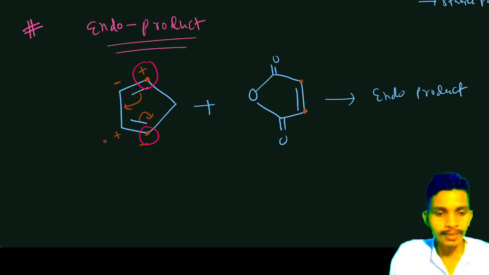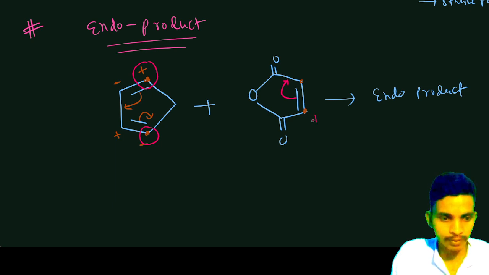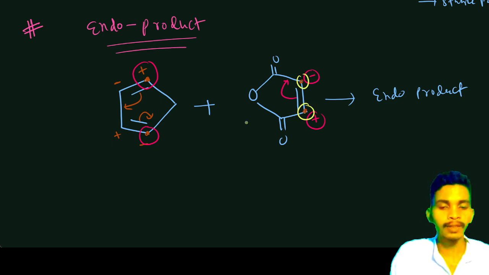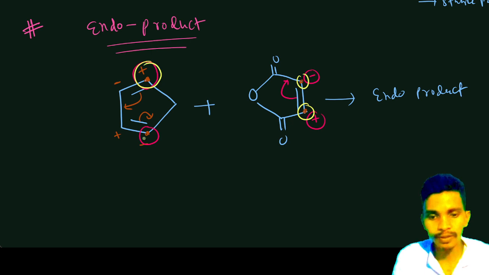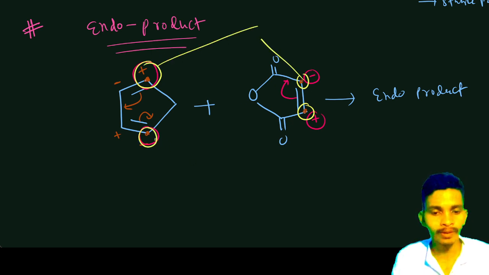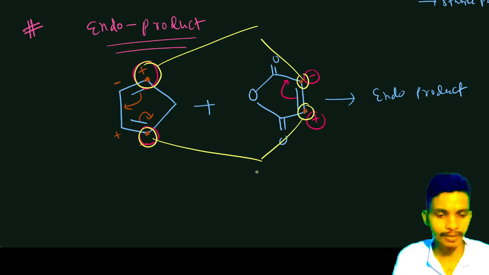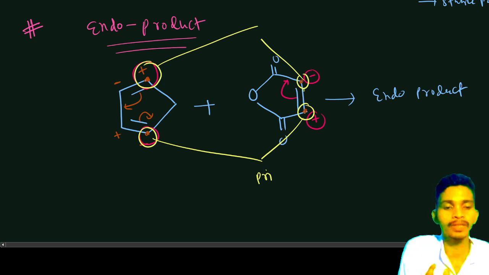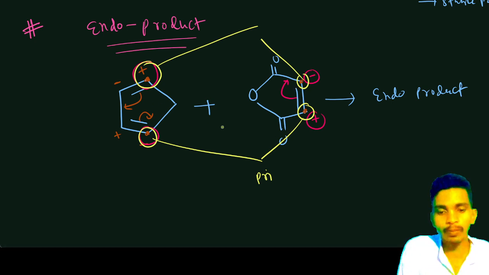Similarly, here, if it's coming, then that is going to rotate here. It means that, let's say this is positive and this is negative, so bond formation will occur here, here and here. These positions are the primary interactions, meaning these interactions must be present, and here the bond formation will occur.